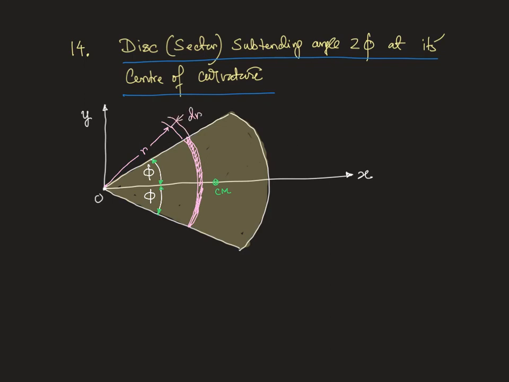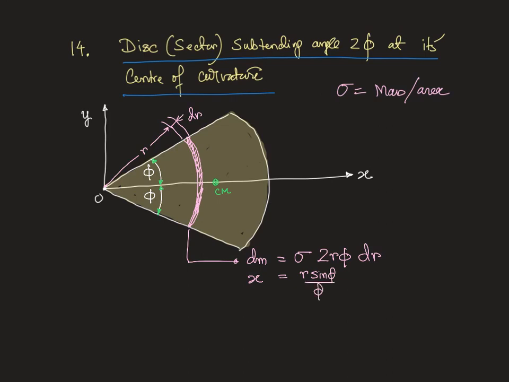So for this ring, what is the mass? dm is equal to sigma, the mass per area, so sigma times 2r phi times dr. And the x coordinate of the center of mass of this ring is r sine phi by phi, as we know from the previous derivation.